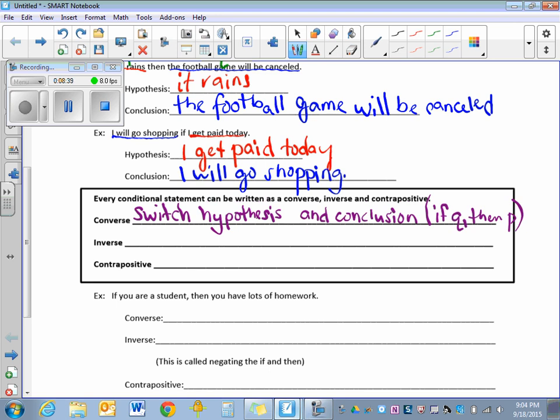So we take whatever that statement was and make it negative, both the hypothesis and the conclusion. So that's our original statement.